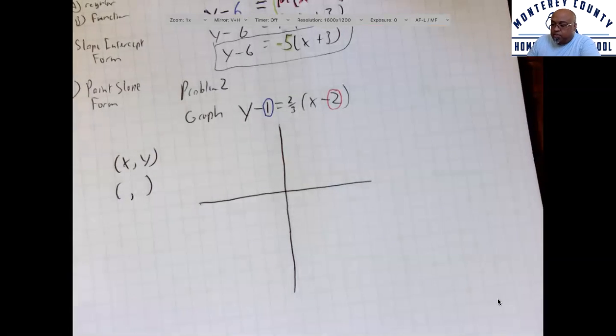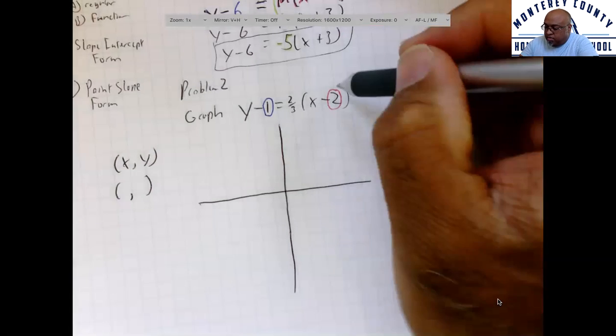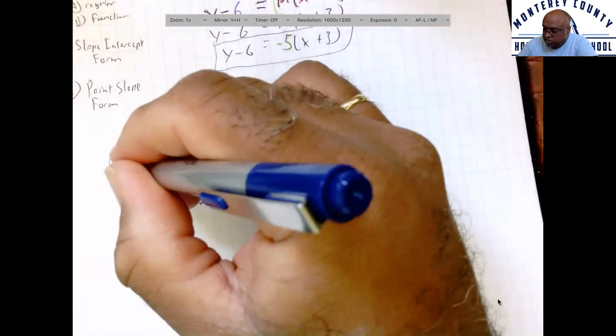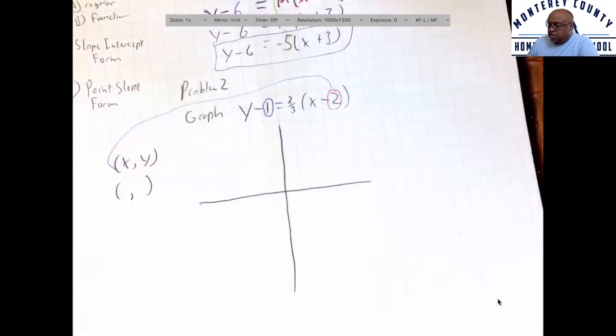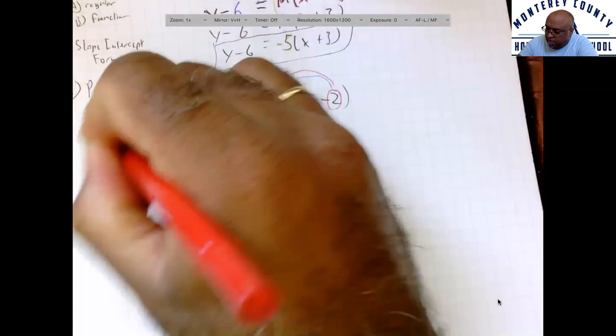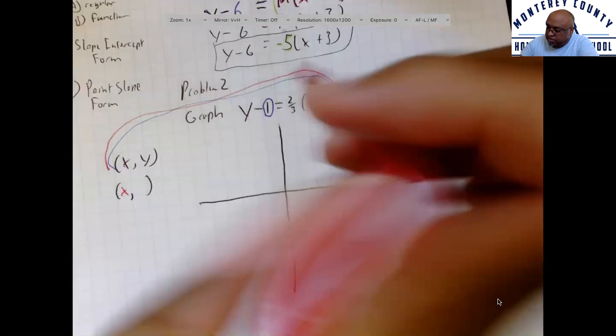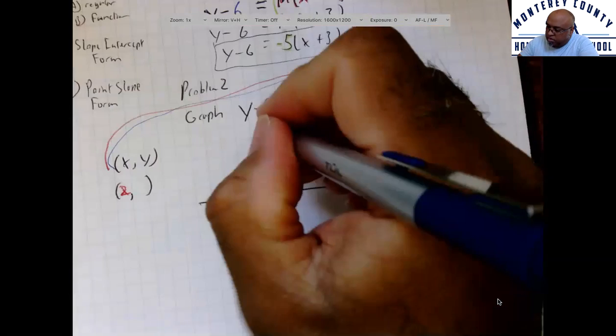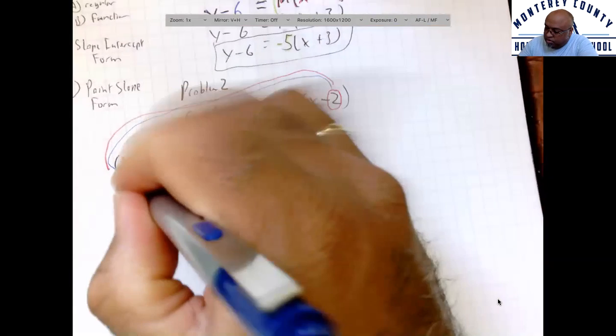So basically, problem 2 is just the opposite of problem 1. I'm going to extrapolate out of the problem. Oops, picked the wrong color. Sorry about that. My x value, which is 2, and my y value, which is 1.